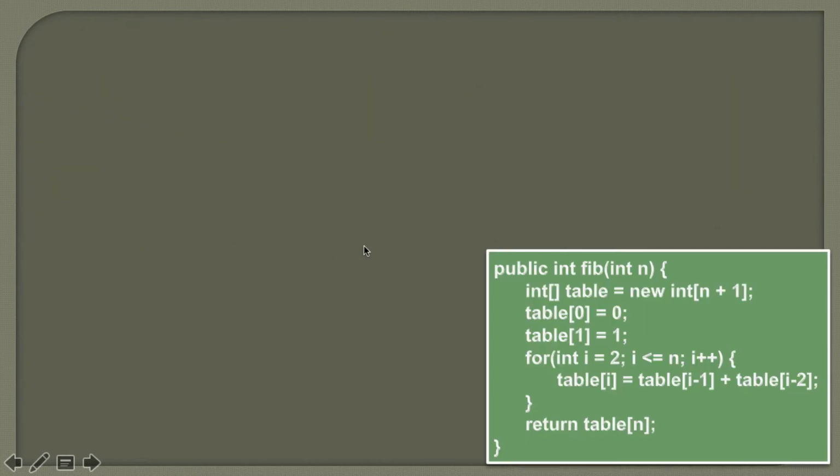So here you can see that in this example we are simply calculating the nth Fibonacci number, and this time instead of using recursion, we are using the bottom-up approach, which is nothing but solving it via one of the methods of dynamic programming. So let's say we want to calculate the fifth Fibonacci number. So here, when we call this function fib, the value of n will be 5.